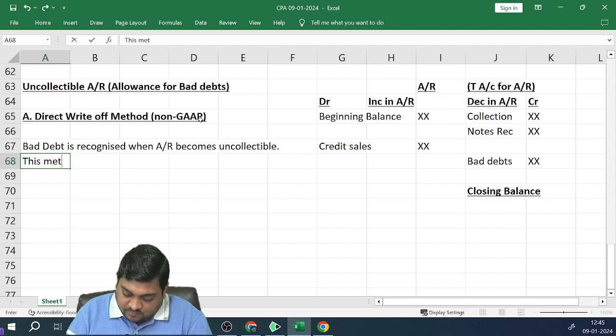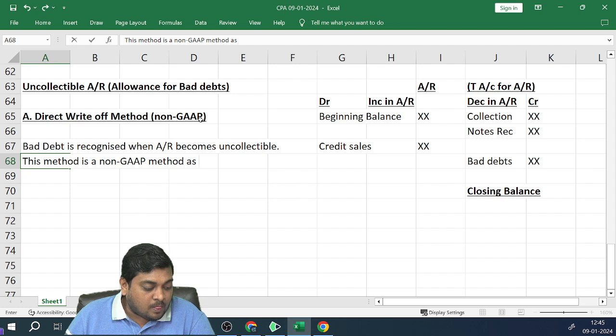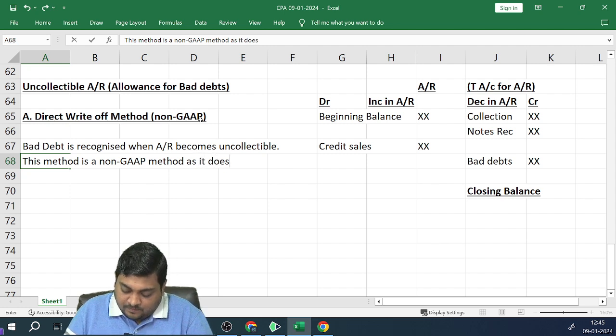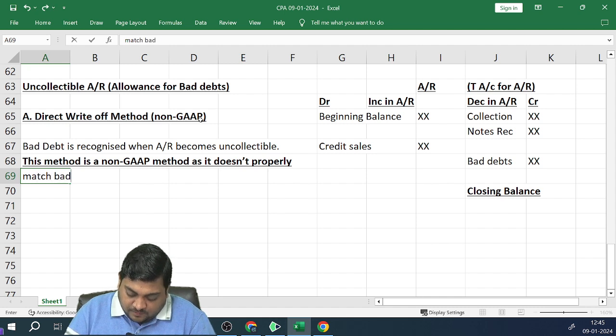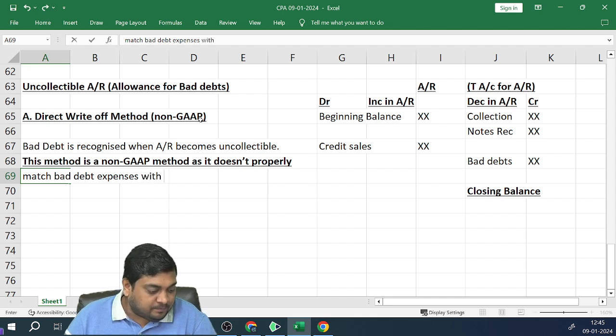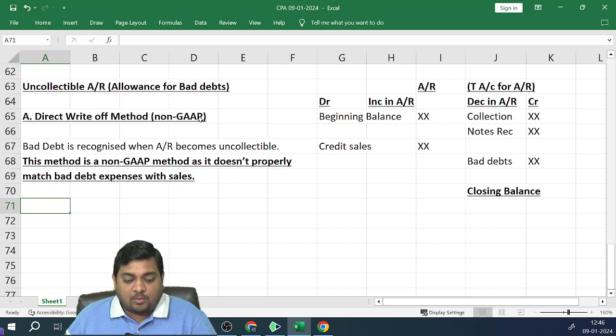This method is non-GAAP method, as it does not properly match bad debt expenses with sales. This is the biggest problem.